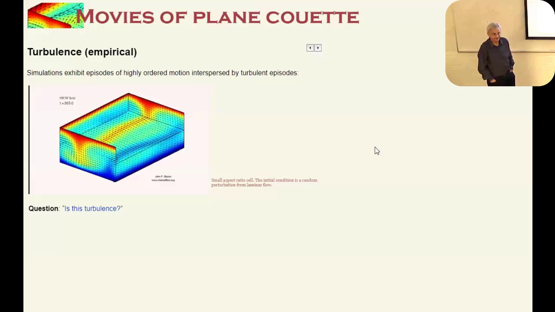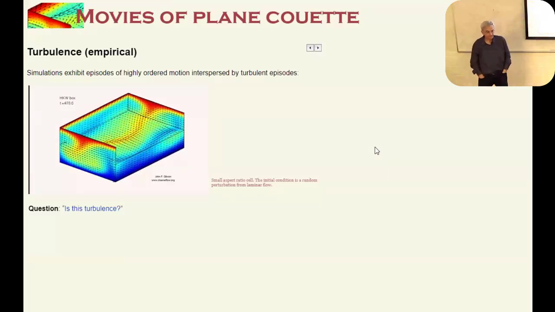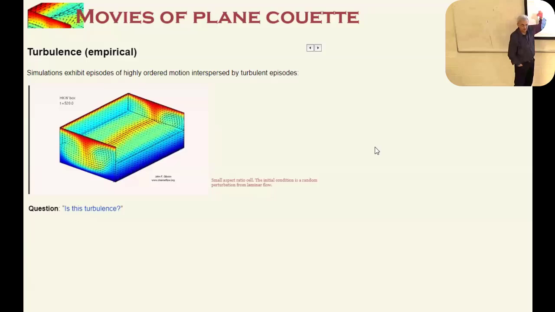Wasn't 800? Now, how the hell do you know this, right? The reason you know this is that after a while, you start recognizing the features that show up in this turbulence. There are things that pop up. And as you change the parameters or geometry of the problem, different features show up.